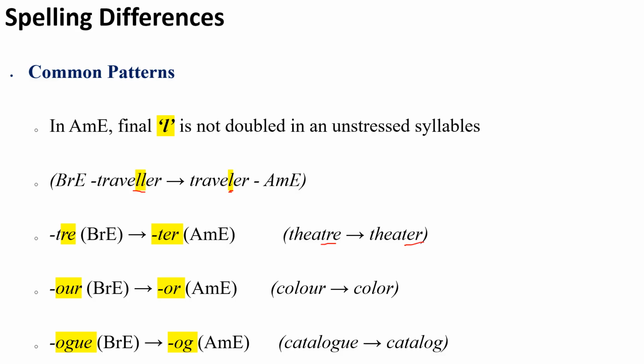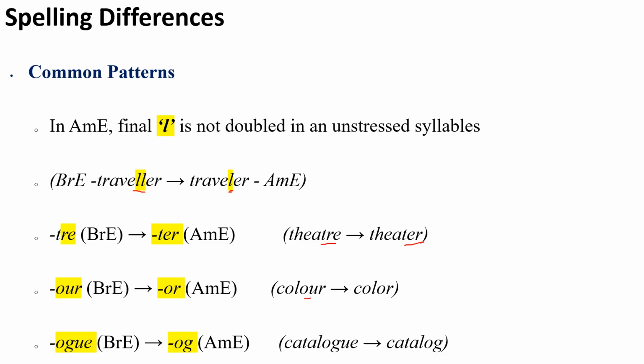Tre is British, and ter is American English.